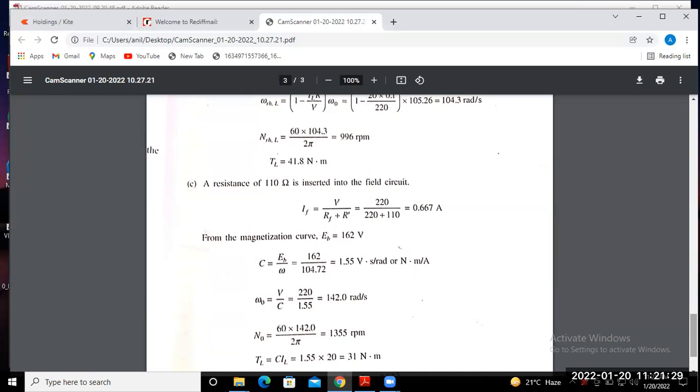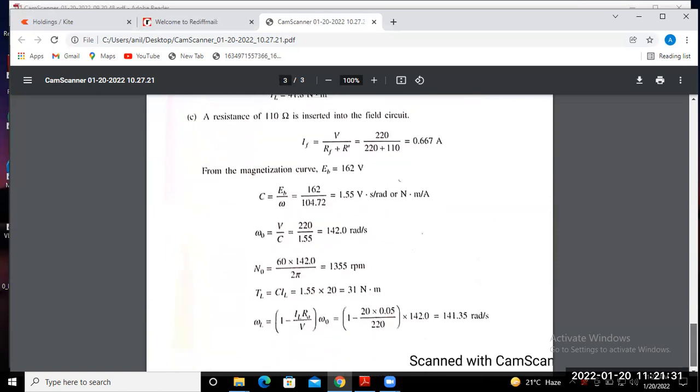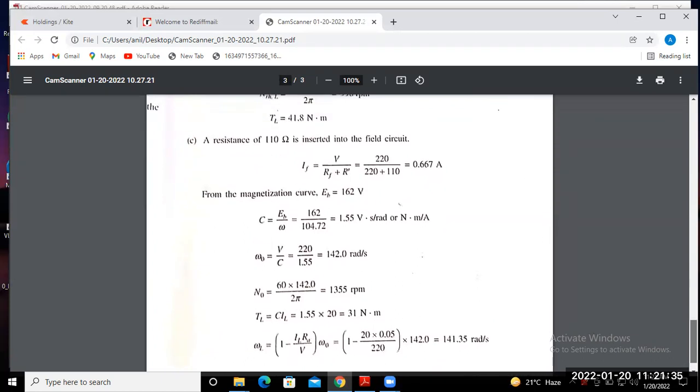That means 1 minus 20 into 0.05 divided by 220, into 142. If you simplify this equation, the numerical value you will get is almost 141.35 radian per second.